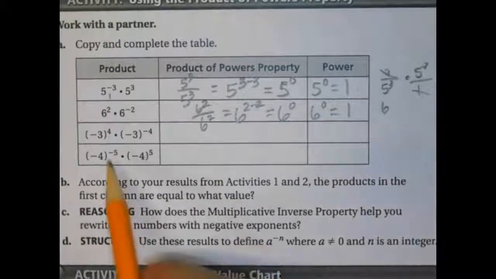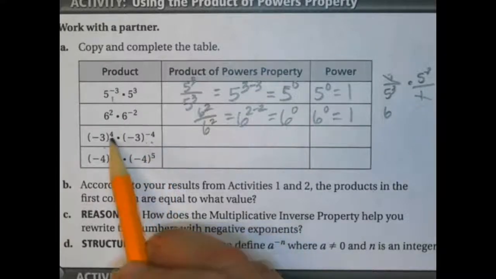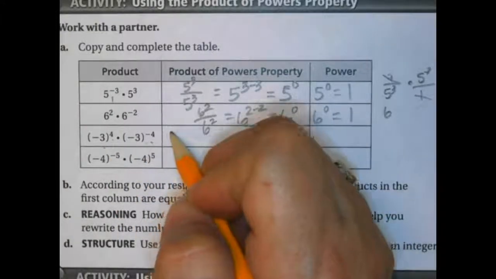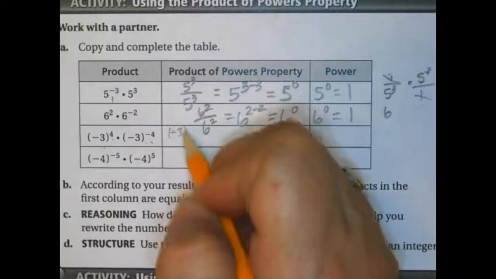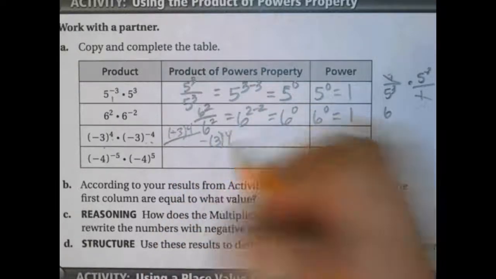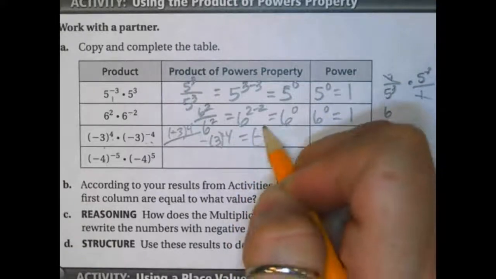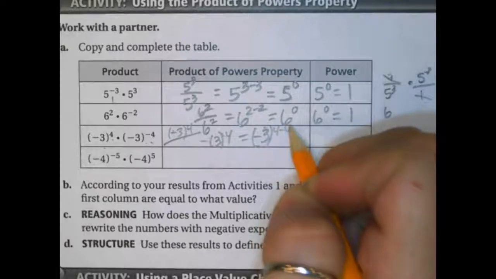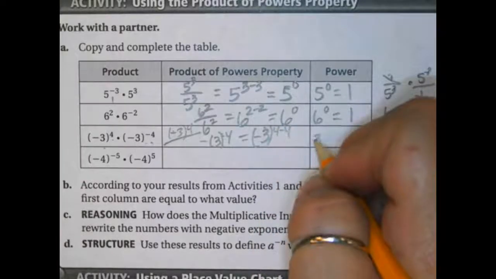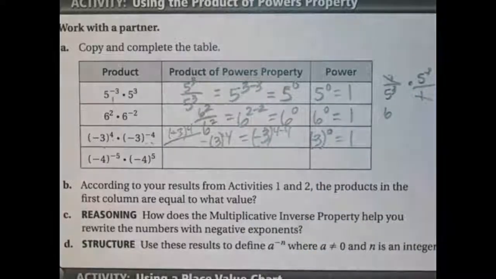Okay, so if we're doing this, again, I've got a negative exponent. It's the same exponent as that, so that tells me I'm going to have negative 3 to the 4th over negative 3 to the 4th, right? Which becomes negative 3 to the 4 minus 4, which is negative 3 to the 0, or the same as 1.